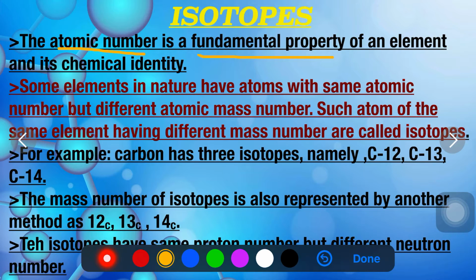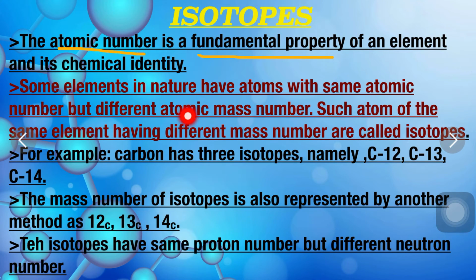Some elements in nature have atoms with the same atomic number but different atomic mass number. For example, the atomic number of carbon is 6, but the mass number will be different.